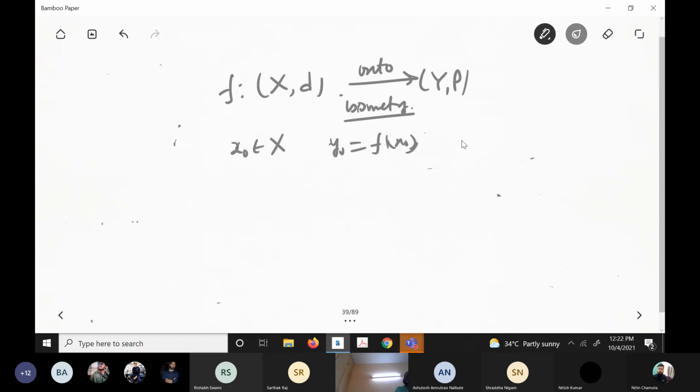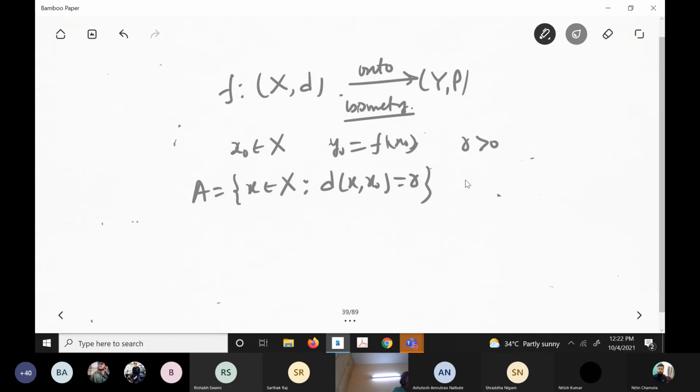And you pick up any number r greater than 0. Suppose you take A equal to the set of x belongs to X such that d of x, x naught equals r. This is actually called a circle, all those points with distance r.